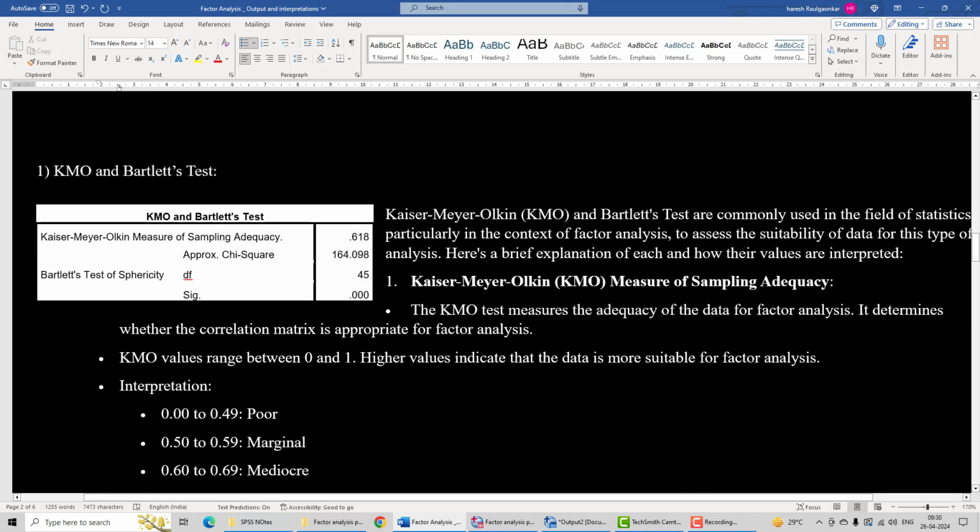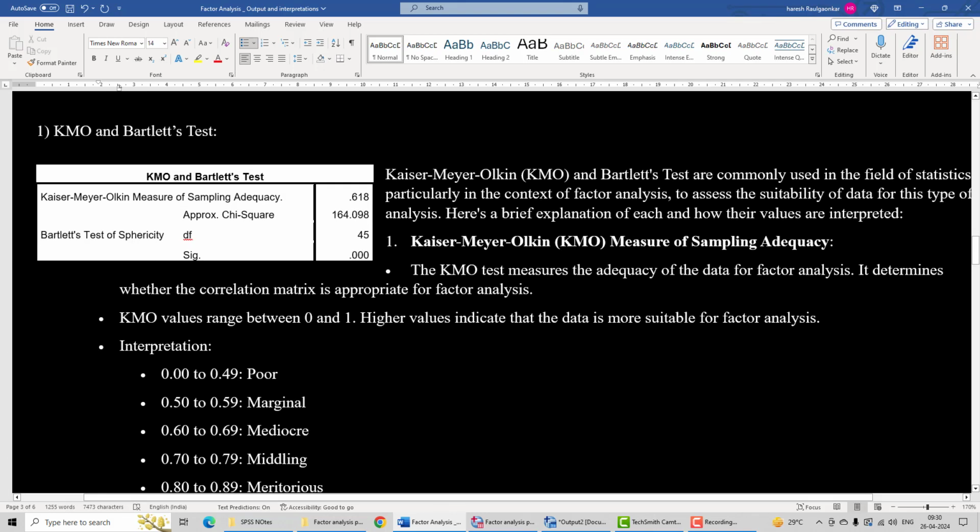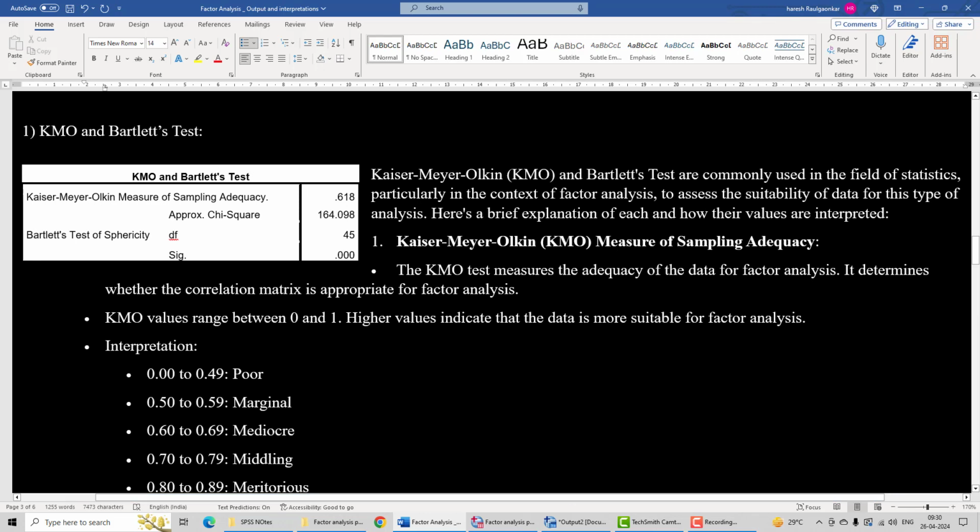So the KMO and Bartlett's test of sphericity is used for basically finding out whether the data is suitable for factor analysis or not.